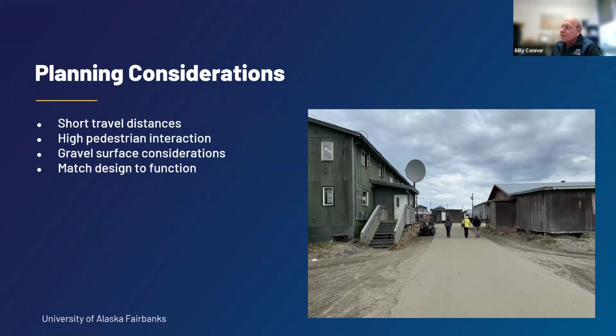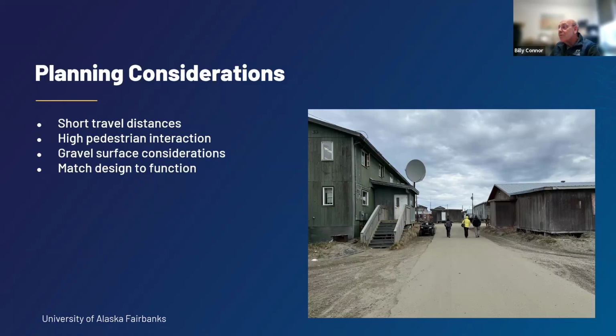So we really don't have to worry about high speed roads, but we do recognize that 30 to 35 miles an hour may be the top end of what we're looking at. This photo also shows a lot of pedestrians walking up and down the roads, many of them elders or young children, and we have to be able to account for that.